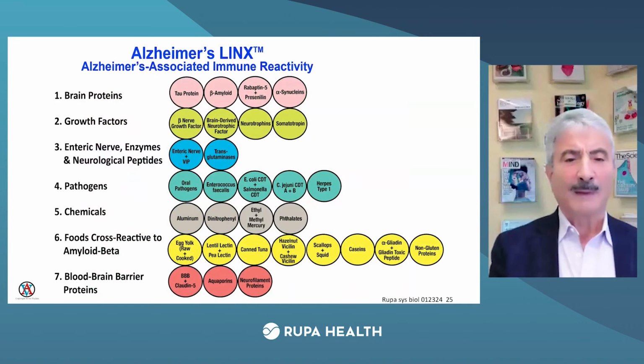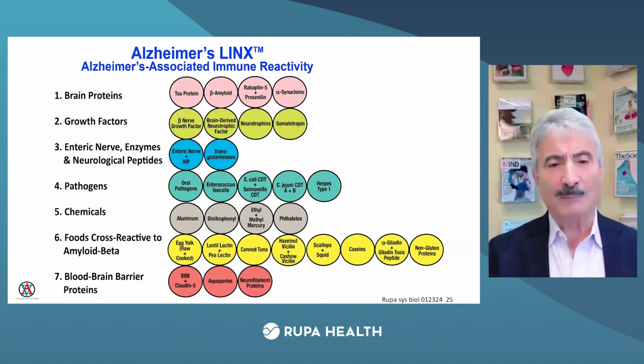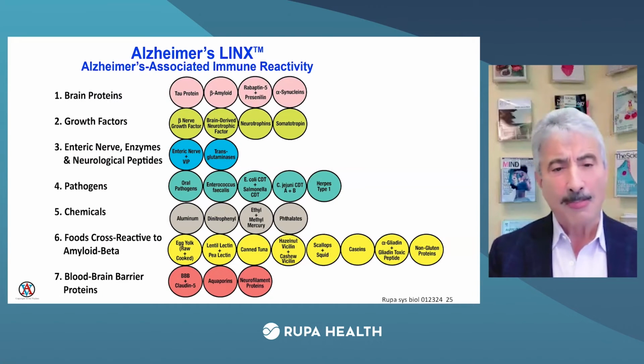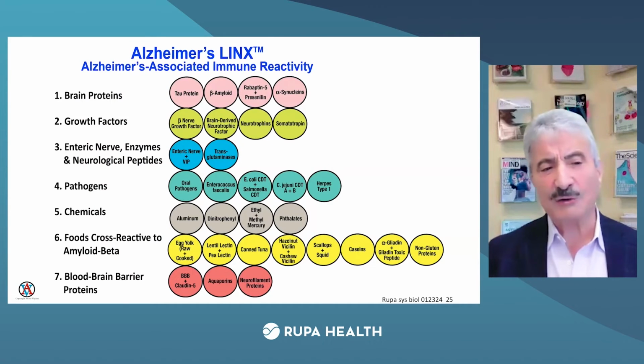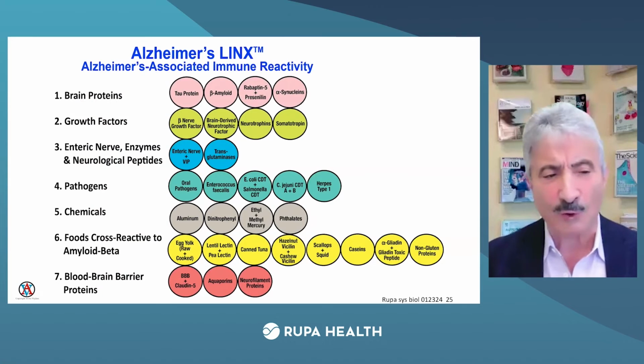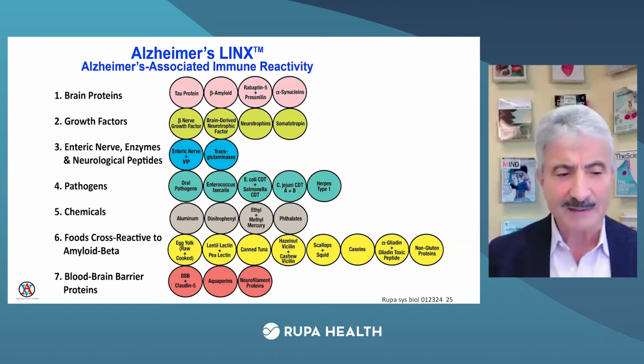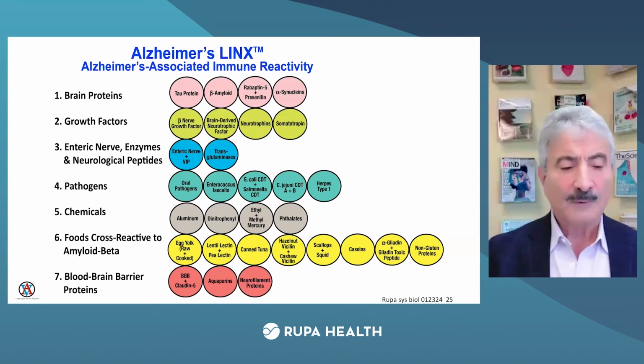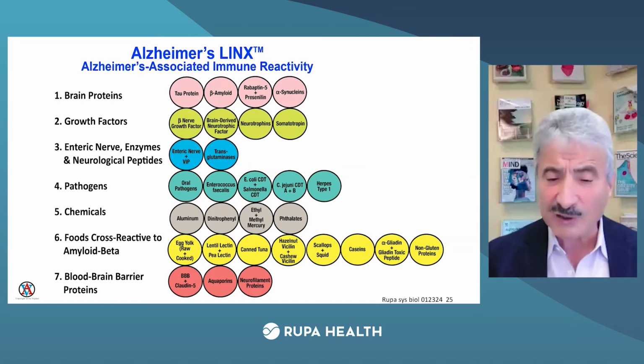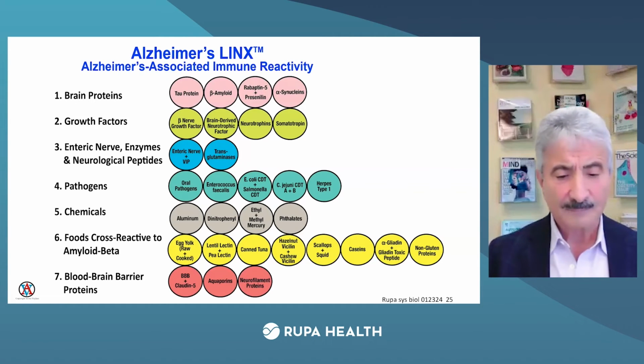And finally, when we look at the Alzheimer's links, in addition to measuring antibodies against brain proteins, growth factors, enteric nerve, Cyrex also measures antibody against pathogens, chemicals, foods, and blood-brain barriers.